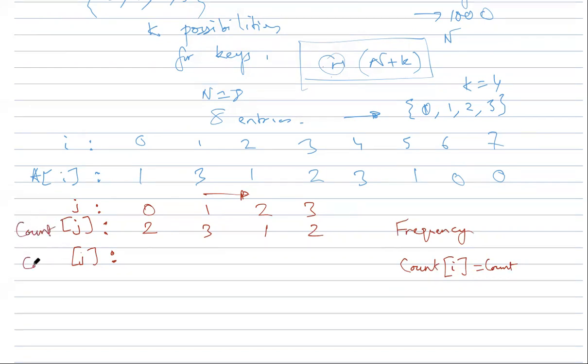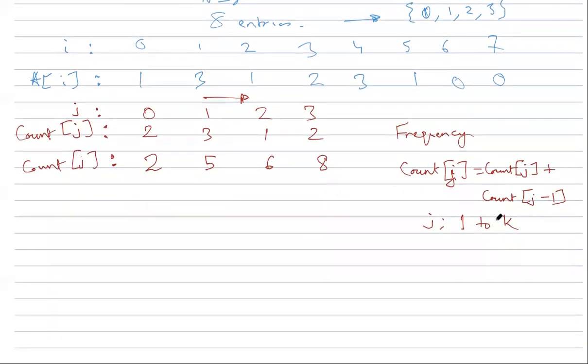So count of J is equal to count of J plus count of J minus 1, where J goes from 1 to K. So this stays 2 because we are starting from 1 onwards. Then it's 2 plus 3, 5. Then 1 plus 5, 6. Then 6 plus 2, 8.